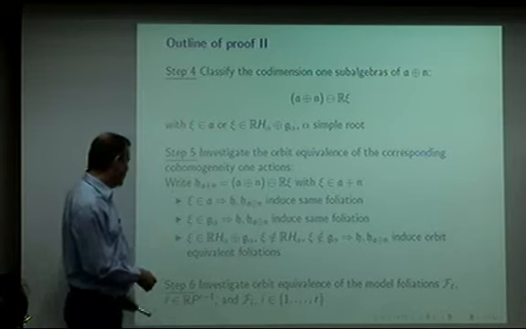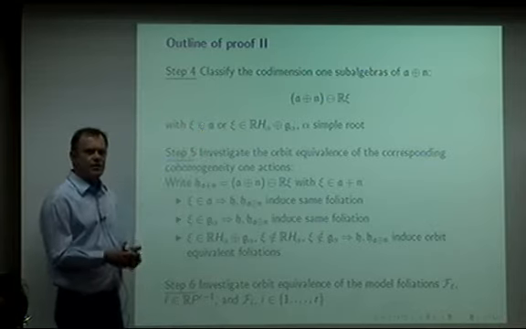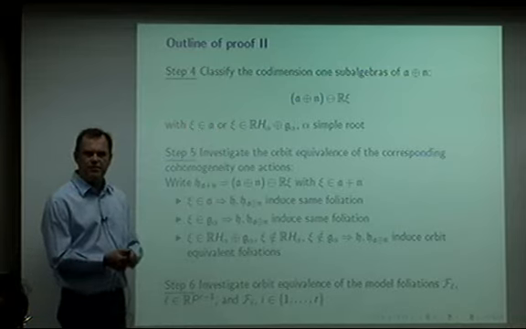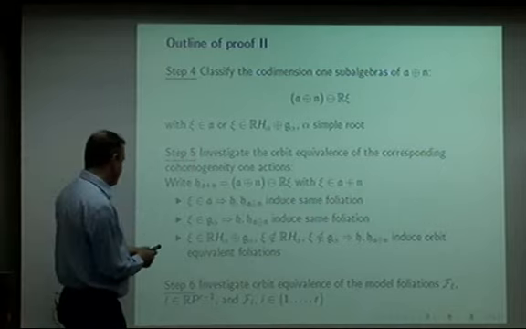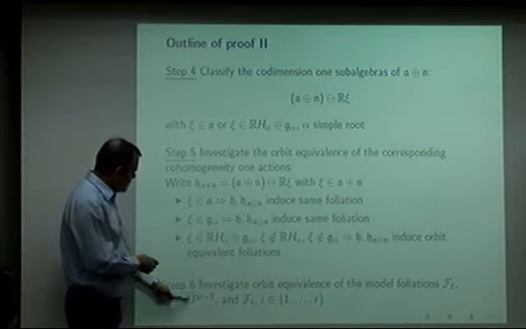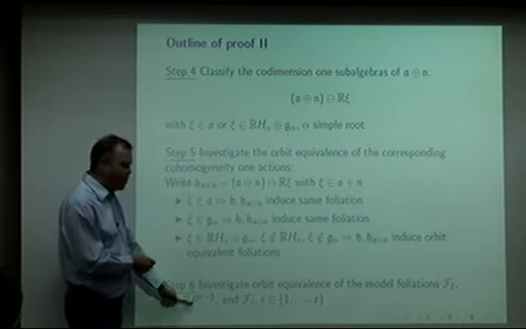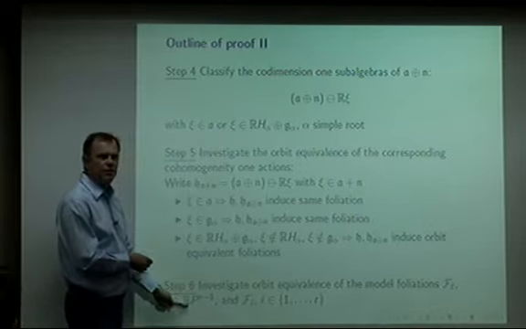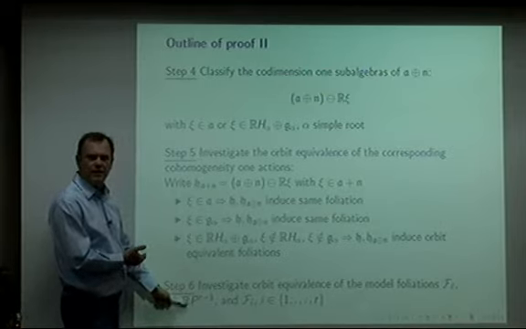Here, in the first case, this A has dimension R. This corresponds to the rank of the symmetric space. So we choose a line in A, which corresponds to a point in the corresponding real projective space. This gives a codimension 1 foliation.